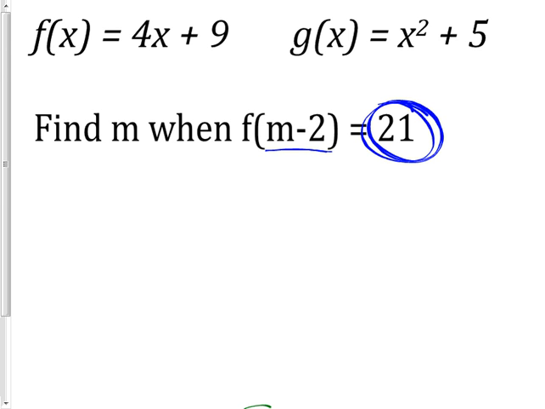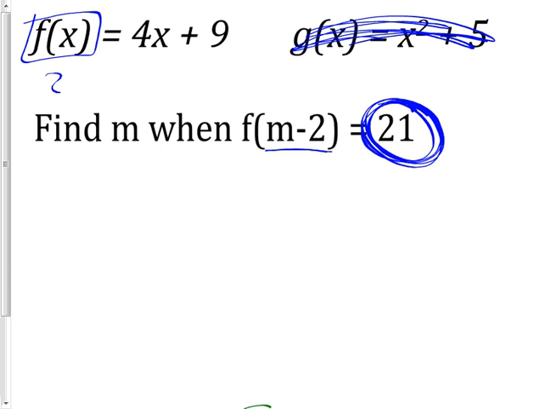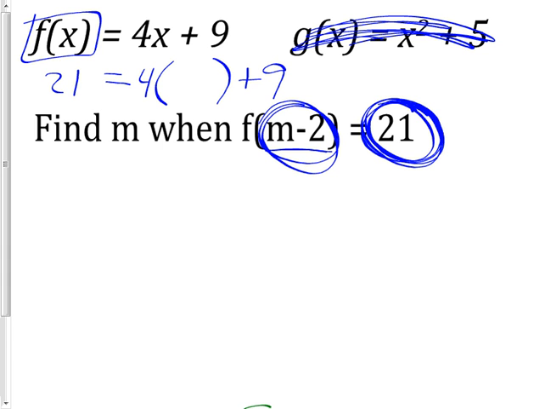So which function am I using, the f or the g? Looks like the f. So I don't need this function at all. I'm just going to use the f function right here, and wherever I have the y, which is right here, I'm going to put in 21. 21 equals. And what should go in for the x? M minus 2. That's where x stuff goes.